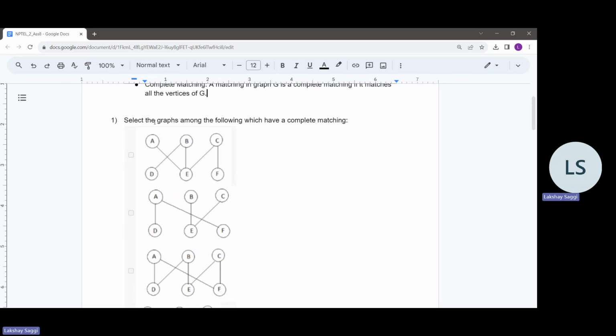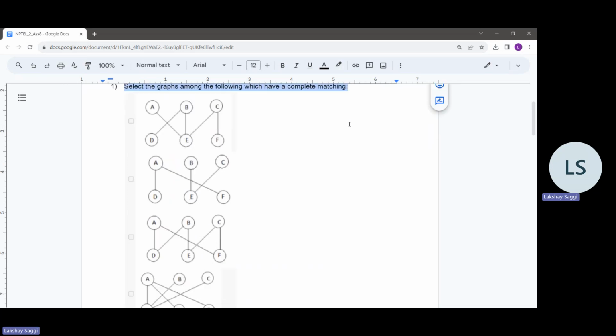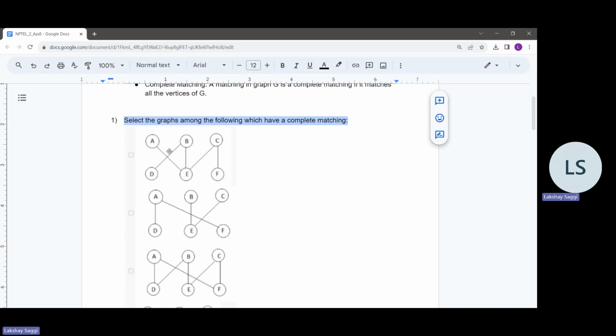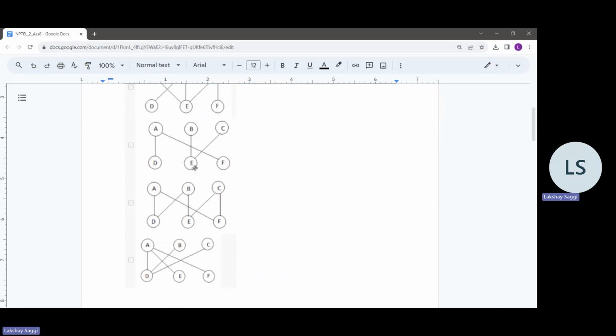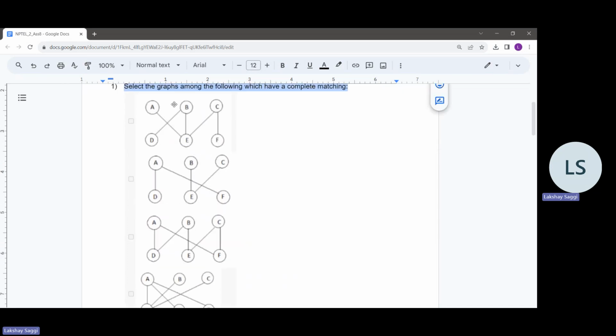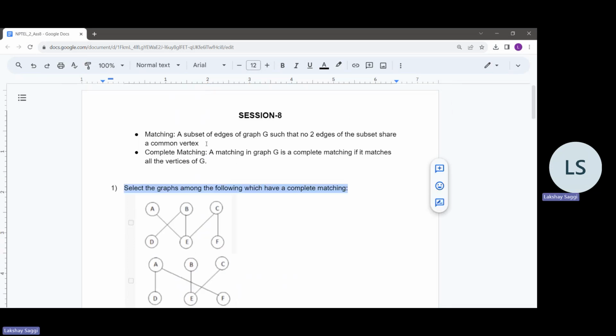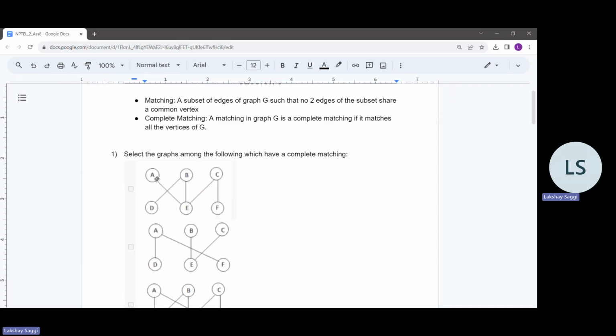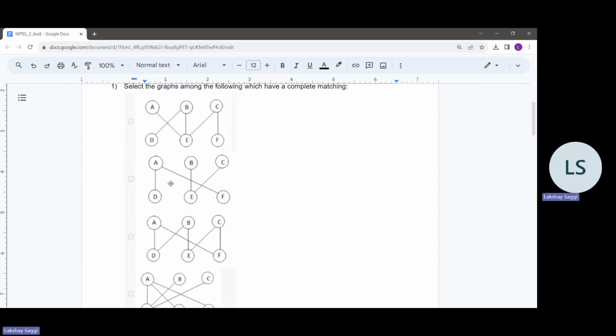Now in this question, we have to select the graphs among the following which have a complete matching. As we can see, first of all, all the four options are bipartite graphs. I think everyone should know what a bipartite graph is, so I should not write the definition.